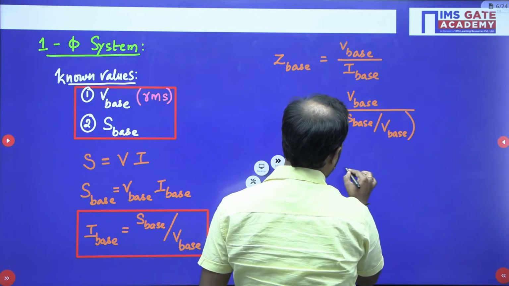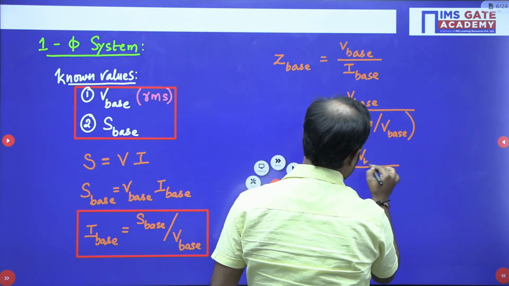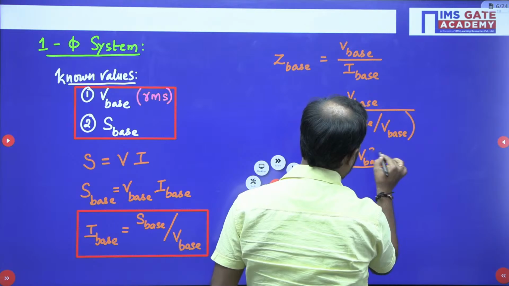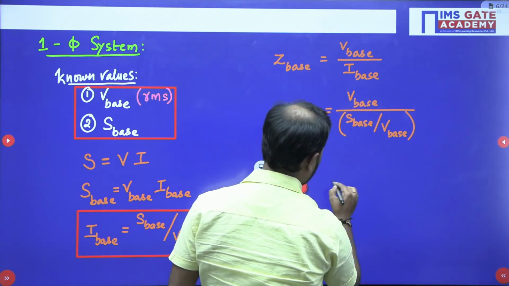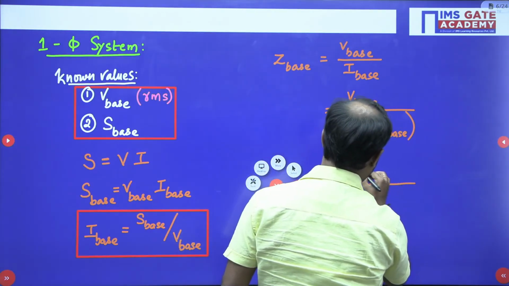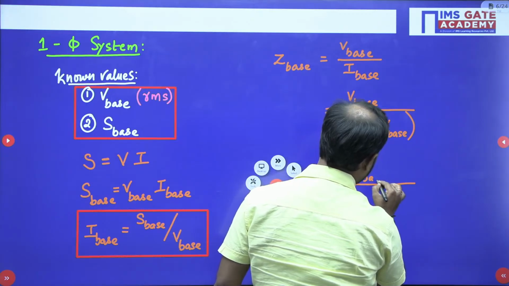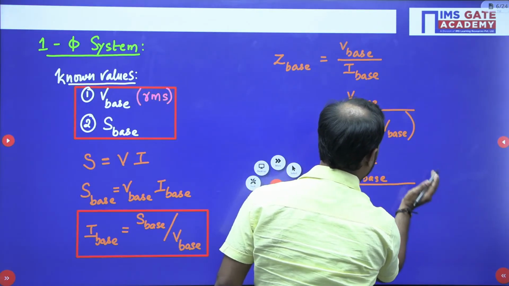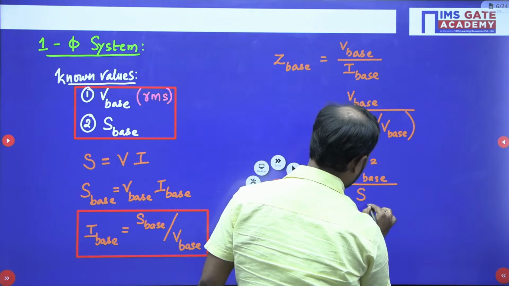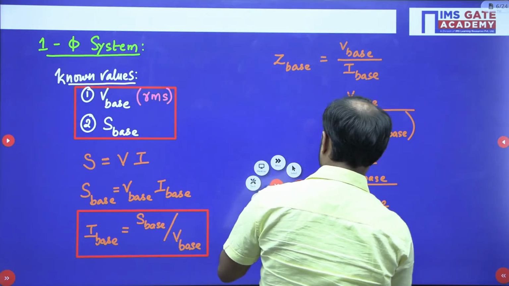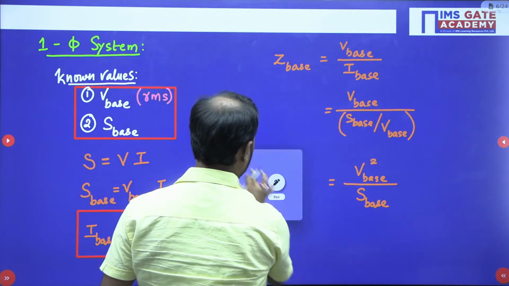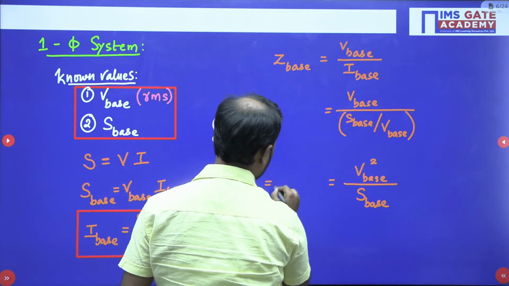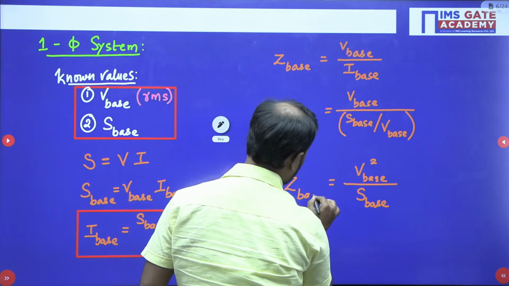So this is equal to V base square divided by S base. This is nothing but your Z base.